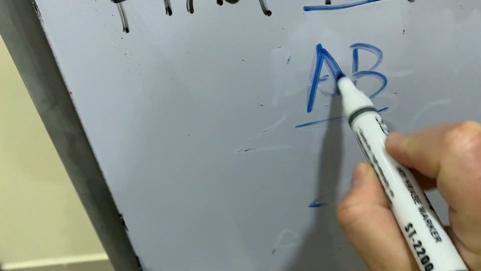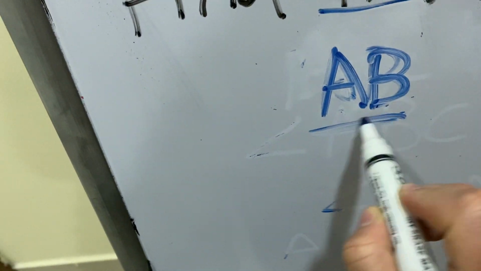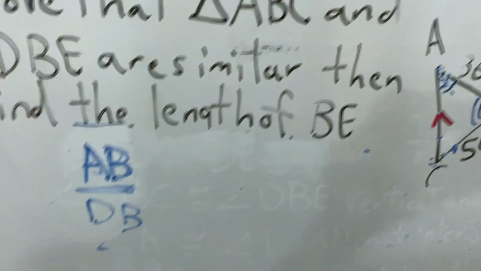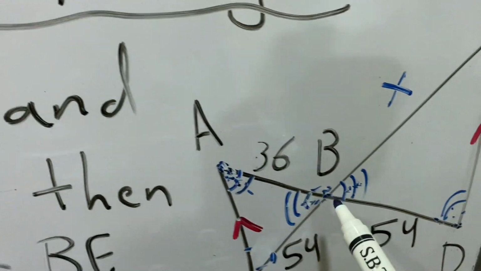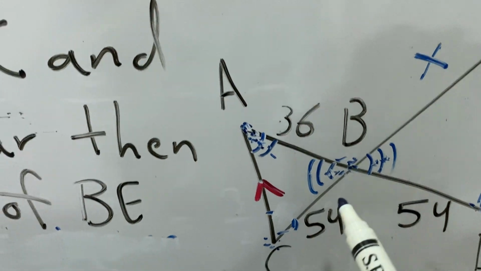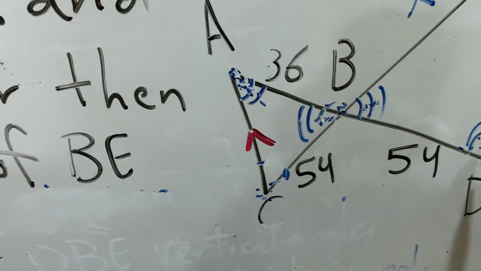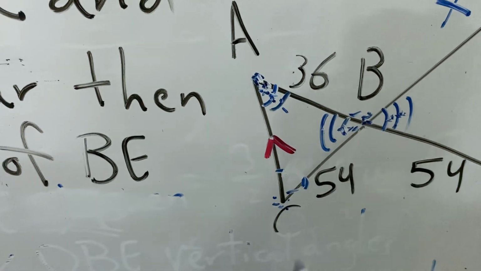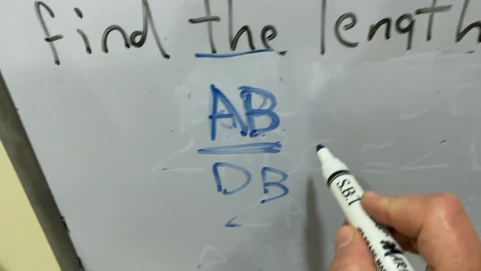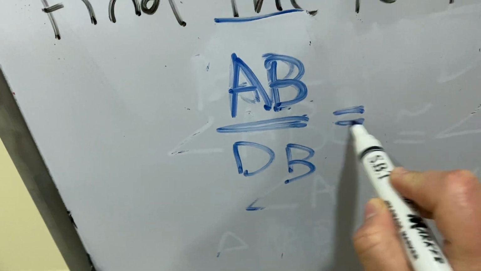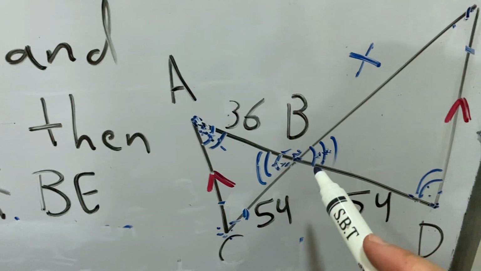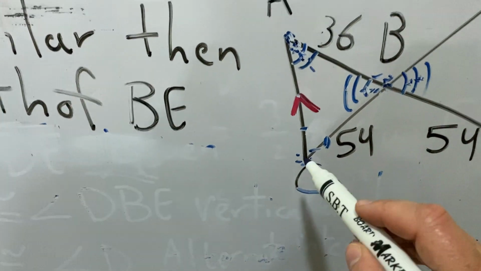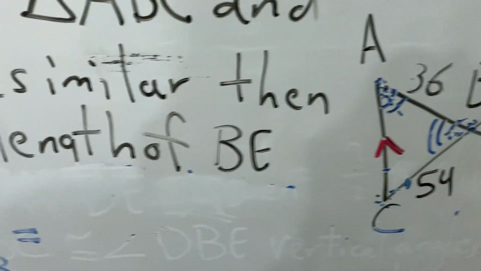Now, AB over DB. So AB, I started from here over DB, or you can name, for example, BA over BD, whatever, where you start the other one. I started AB, so I started DB. Okay, AB over DB equal, this side here, this is C again, equal CB over EB.